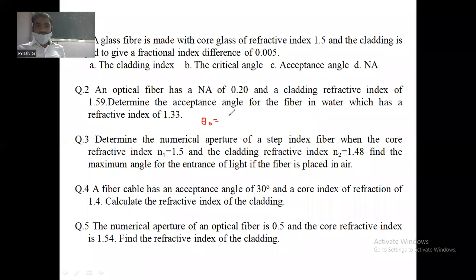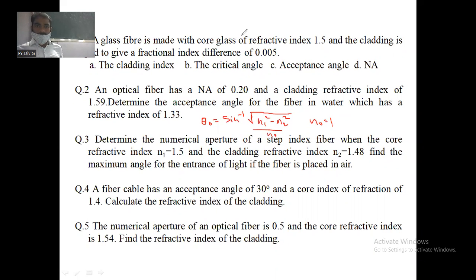Yes, theta 0 साठी कोणता फॉर्म्युला यूज करून आपण? Theta 0 is equal to sine inverse into square root of n1 square minus n2 square divided by n0. You know the refractive index of the air medium is 1.